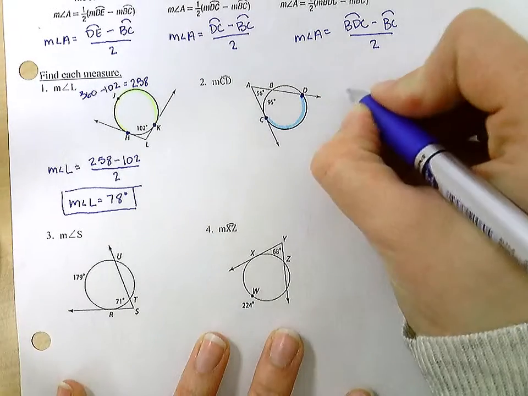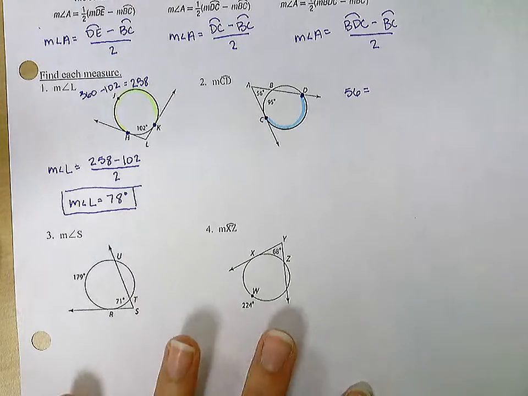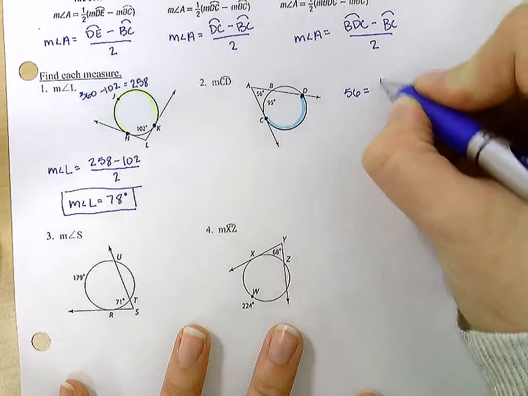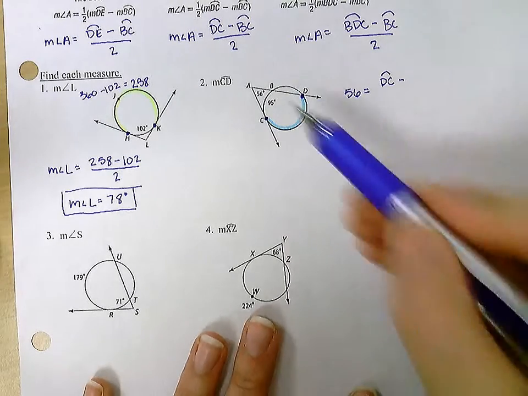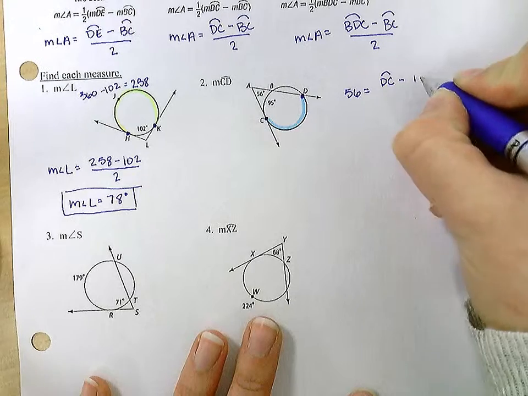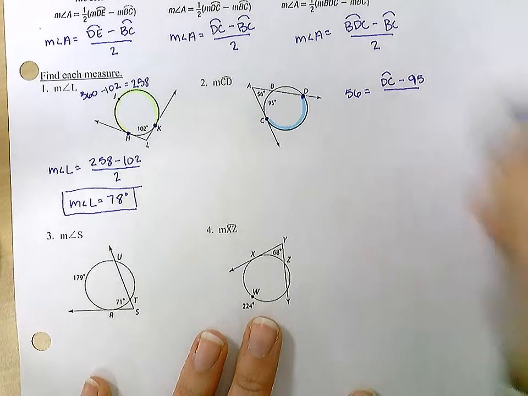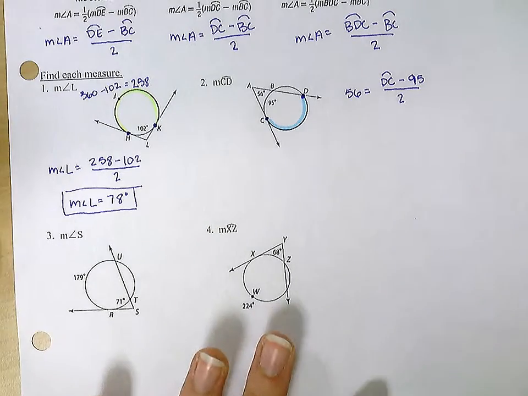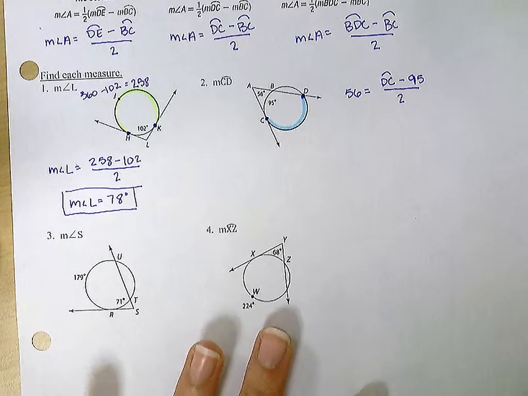Okay, so what I have here is 56 is equal to our arc DC, or x if you prefer x, minus our smaller arc, which is BC, that's 95, and that's over 2. And what I want to do now is solve for that arc measure.